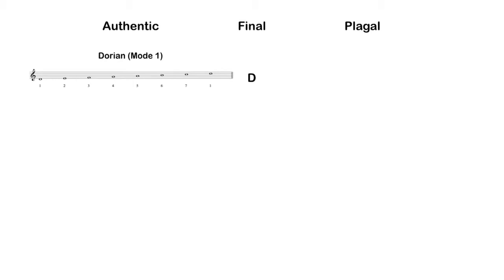It also shared a final with its plagal partner, what we would call the Hypodorian mode, which had a final of D, but its range was shifted downward by a fourth. So the range spanned from A to A, but when the piece ended, the melody would have to get itself back down to a D.